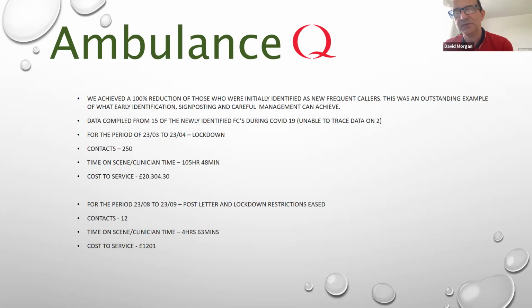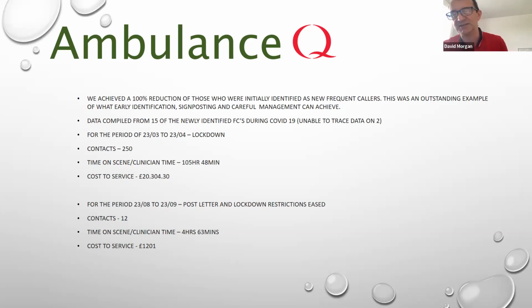So we did a little bit of data analysis around what that time was and what the saving was. As you can see there, initially we had the potential of 100 and odd hours spent with these patients. After our intervention, there was a massive reduction, both in the number of contacts, the time on scene, and the cost of the service.